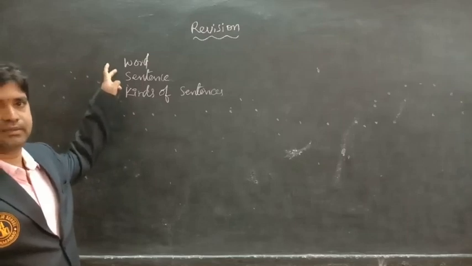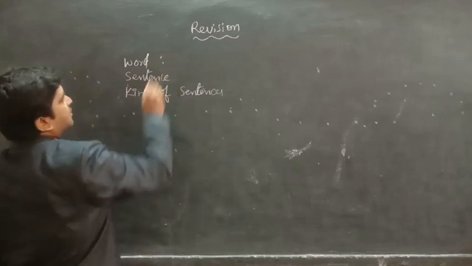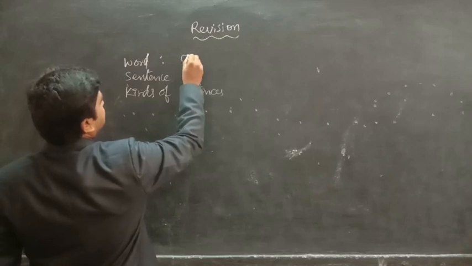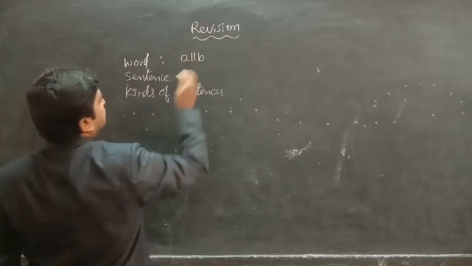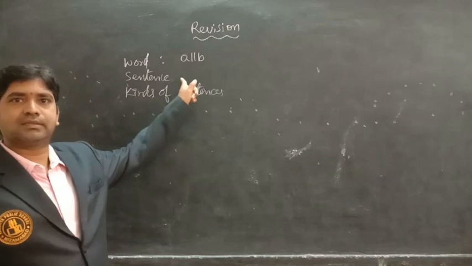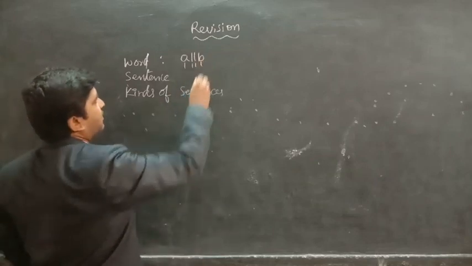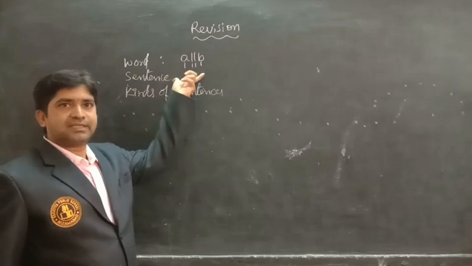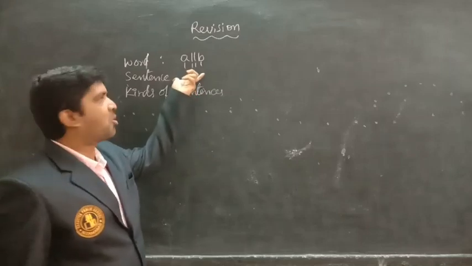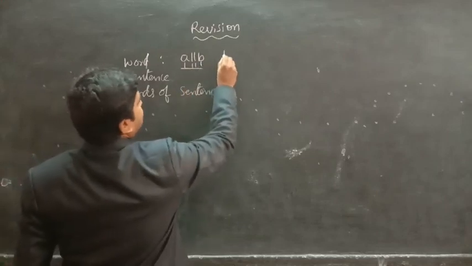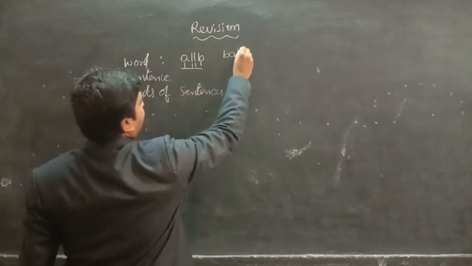Here, word. See this example. Read this. A-L-L-B. Does it give any sense? No. See the same word: B-A-L-L.